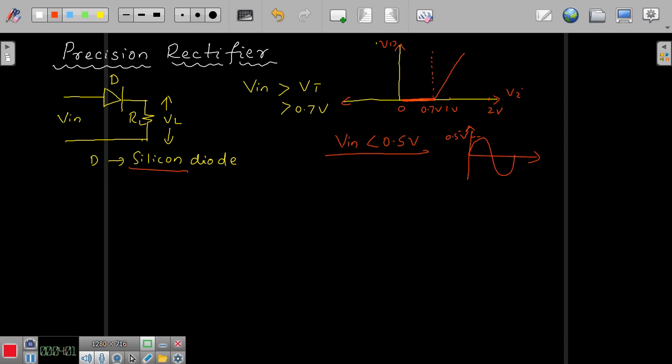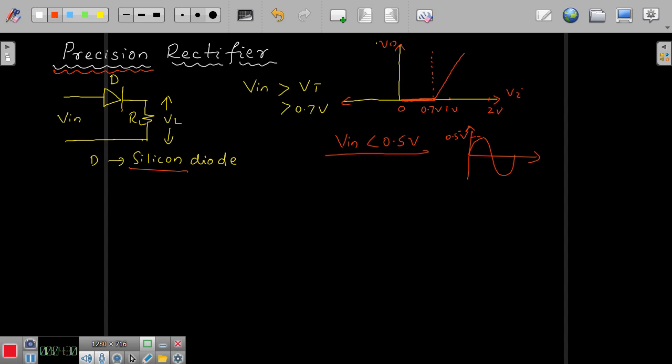Under such circumstances, you will be using what we refer to as precision rectifiers, right? You know what exactly we mean by the word precision. Whenever the amplitude of the input signal is very small, you should be able to process, or in this particular case rectify, that signal. That is called the precision rectifier.